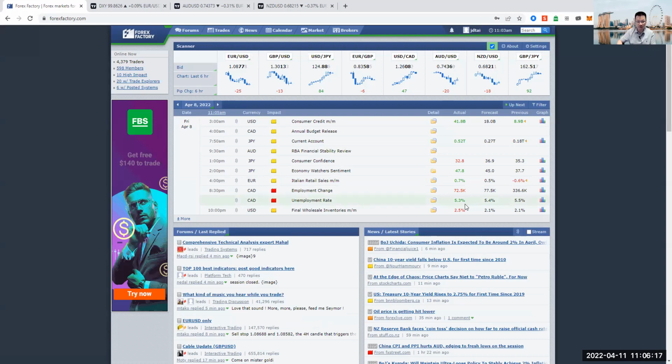So because of that, we actually saw some movements in the CAD, but the employment change didn't happen as we expected. I was actually anticipating more than a 77.5, it actually came in less than that. So together with the dollar index gaining strength, we saw the CAD push a little bit higher from the low point of 1.25.